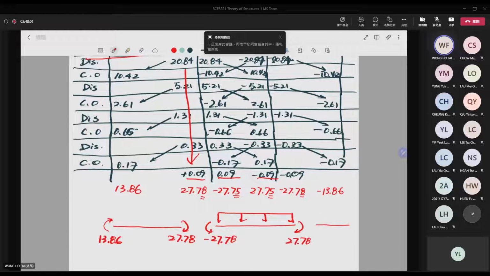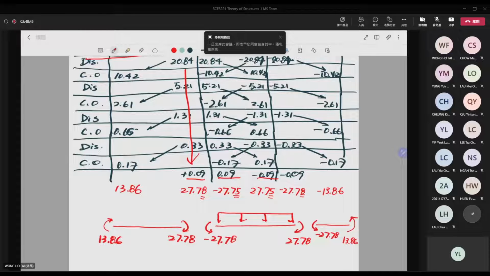Then again, the last one is 13.86. Because both of them are negative, that means both of them are counterclockwise.